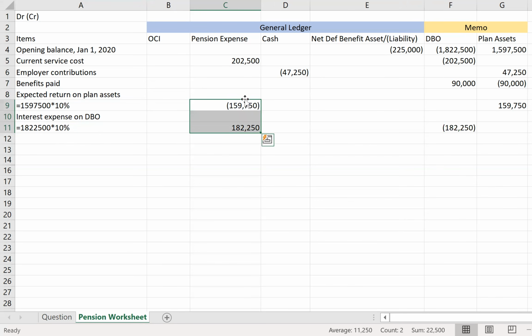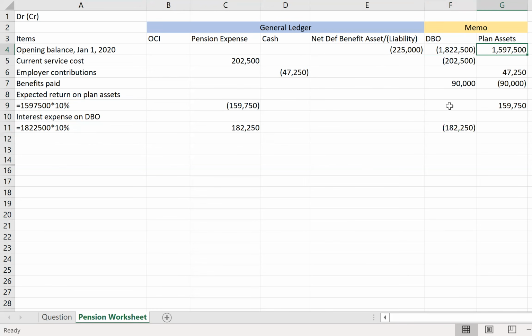So if you look, we have a net interest or finance cost of $22,500. So on a net basis, our pension plan expense for the company went up by $22,500. And that's because the DBO is higher than the value of the plan assets. So this plan is underfunded.